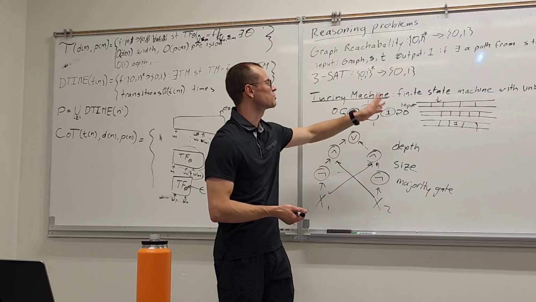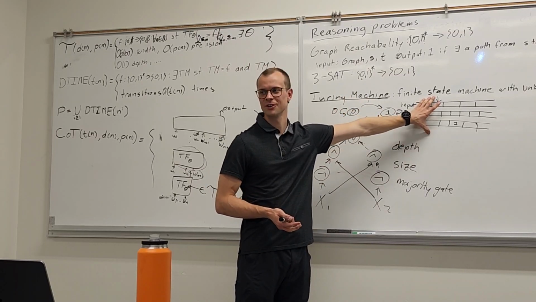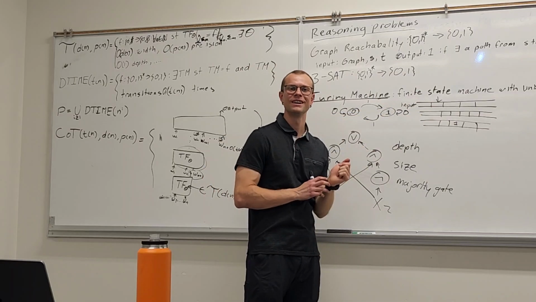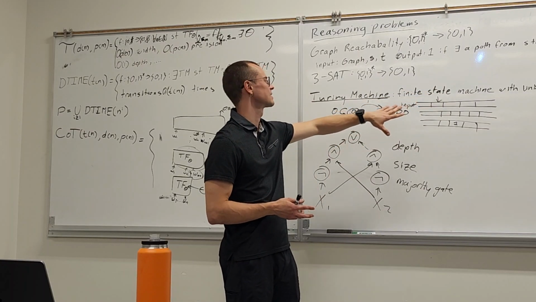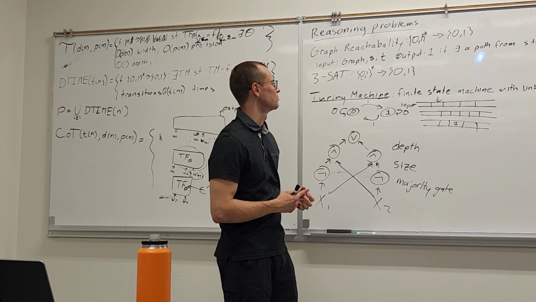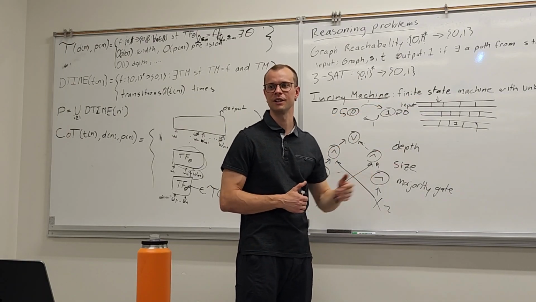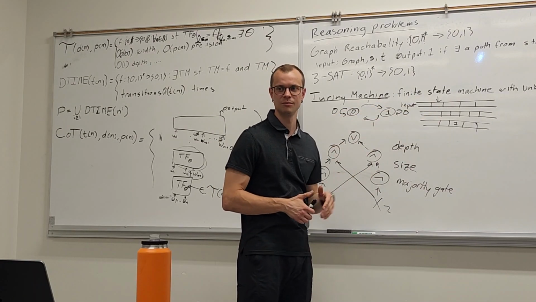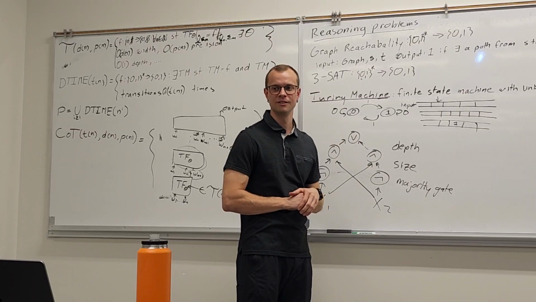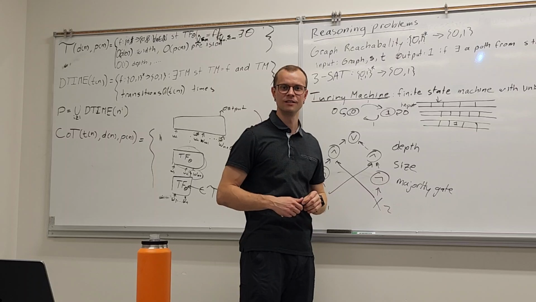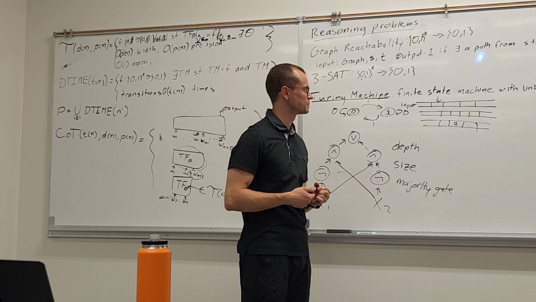It's maybe a bad example because you don't use the tapes at all, but it's a finite state machine that also has access to some memory. It's any Turing machine that has a finite number of states, so it doesn't depend on input length. It could be gigantic, billions and billions of states, but it's independent of n. So eventually there's going to be an input that's way, way bigger than it. That's the whole argument.